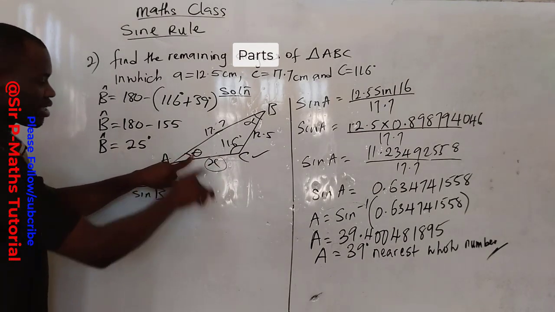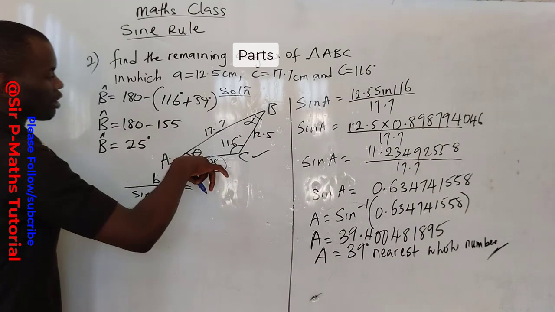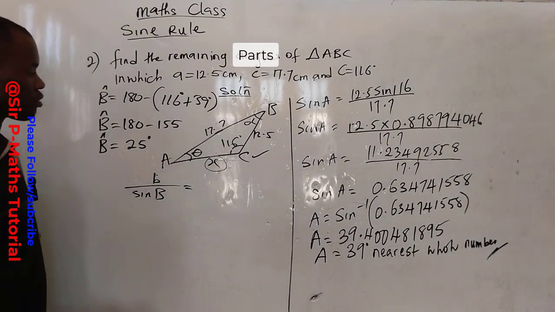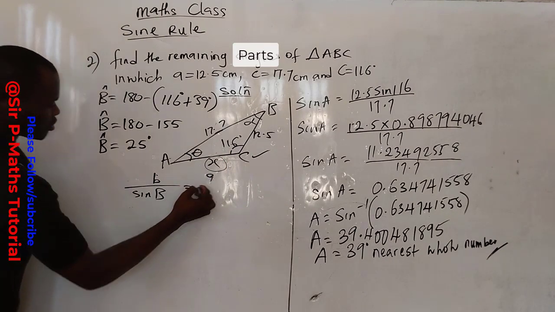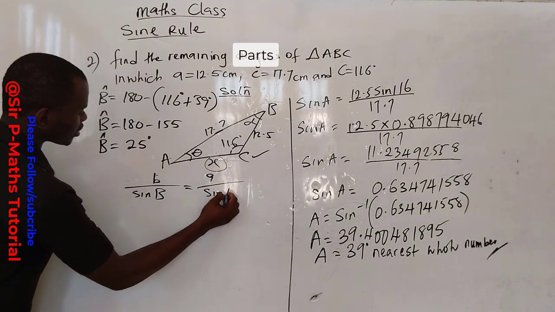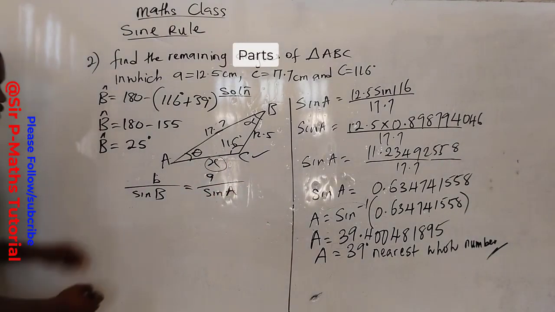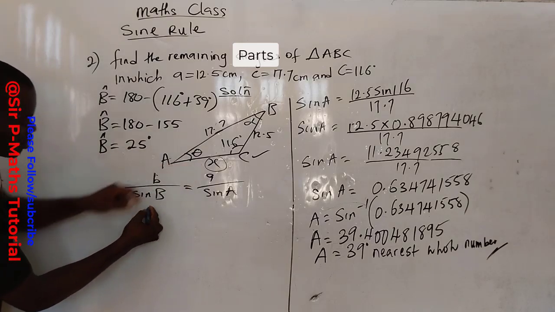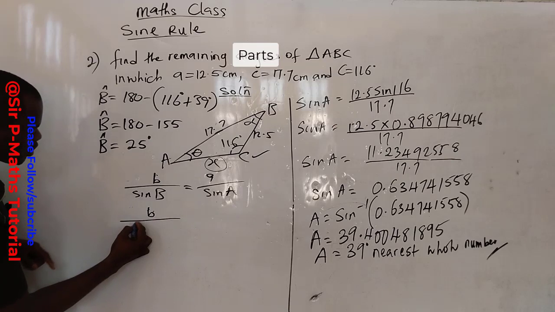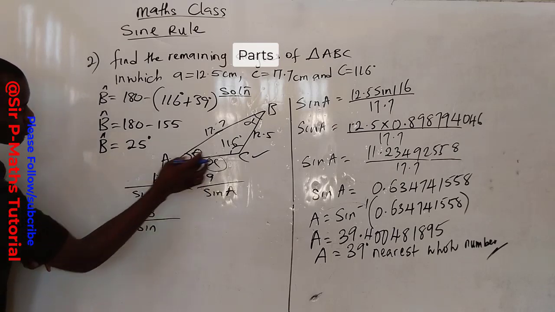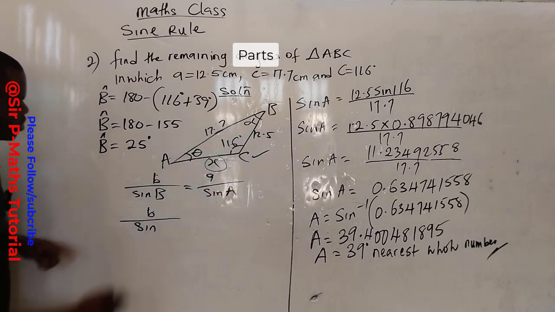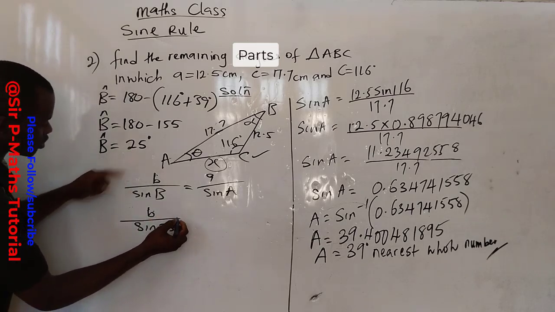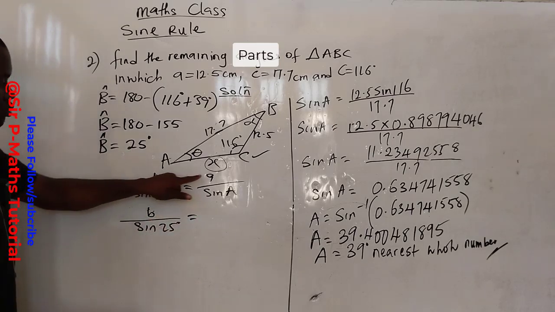I have the angle as 39 and then I have the angle here as 116, so we can choose either of these. Let me use A. Therefore I'll have a over sine A. Now the side B, I don't know, I've labeled this X, but let me still use b over sine the angle at B, which is 25 degrees, equal to a.